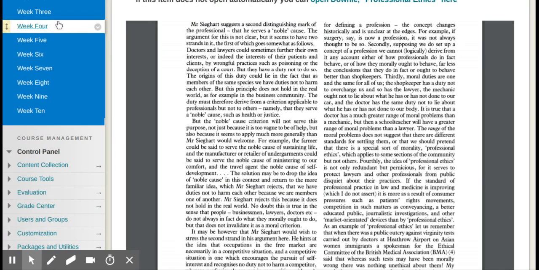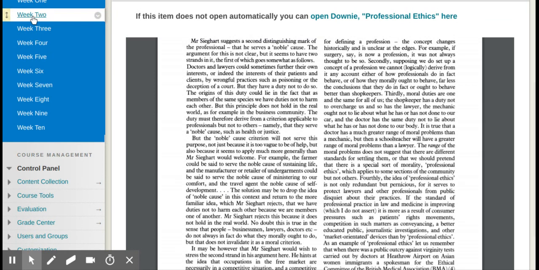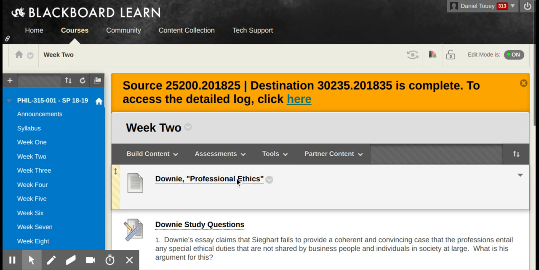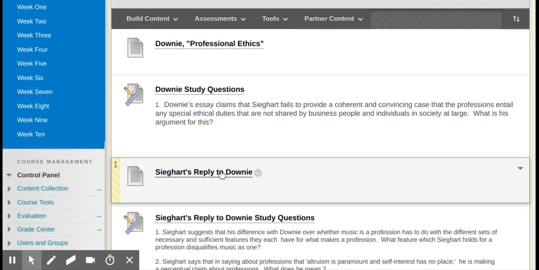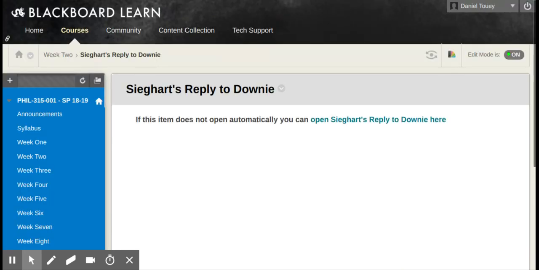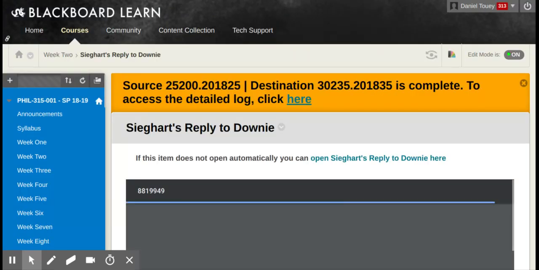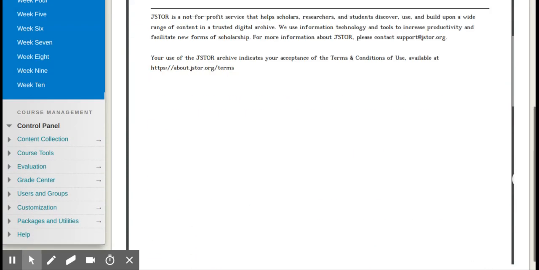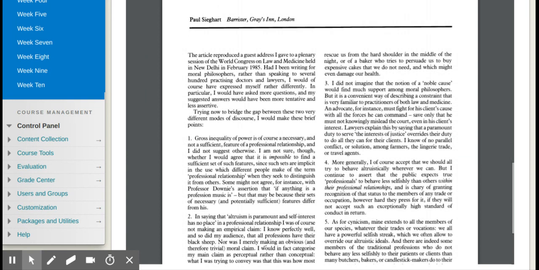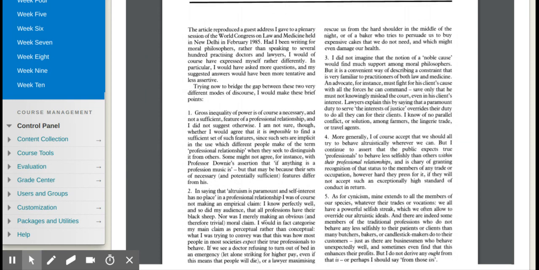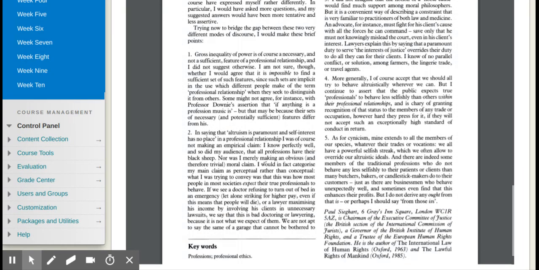We did, I think, look at Sieghart's response to Downey, which I thought was quite interesting, actually. Where he basically defends some of the things that he said. He wasn't speaking to philosophers, so he wasn't being as careful, perhaps, in the kind of distinctions that he was making.